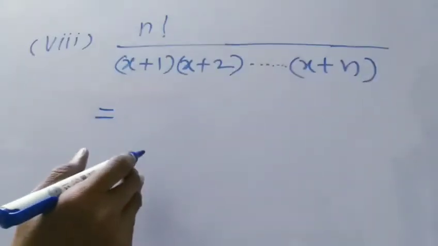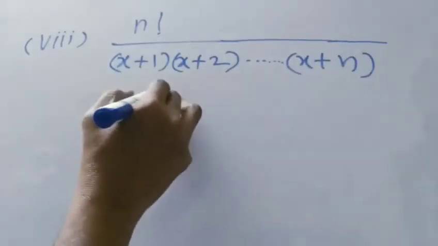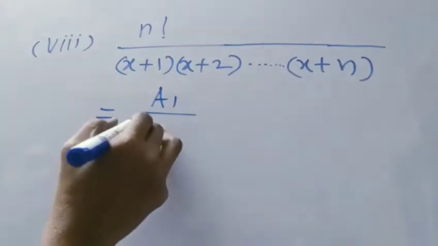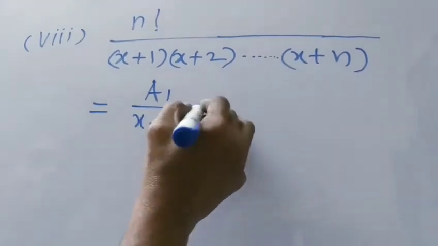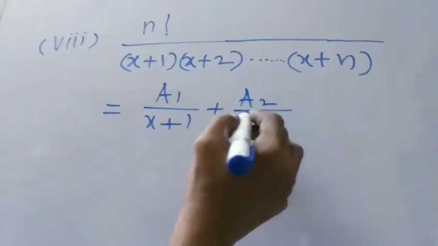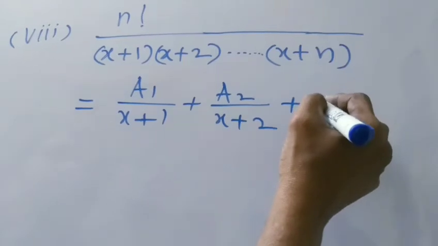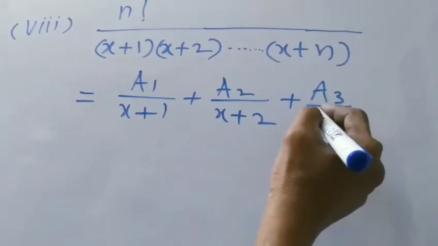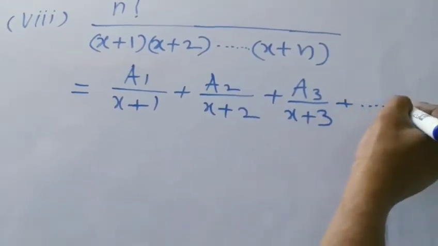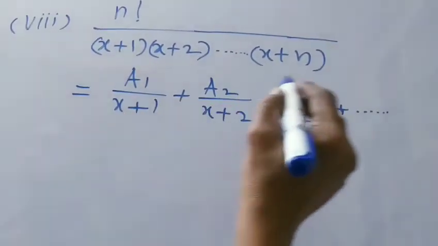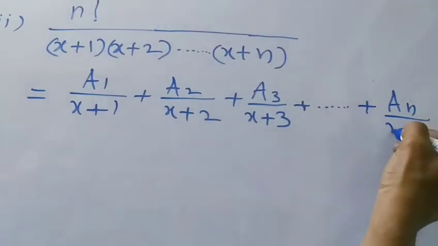So it's split into partial fractions: A1 by x plus 1 plus A2 by x plus 2 plus A3 by x plus 3 plus and so on plus An by x plus n.